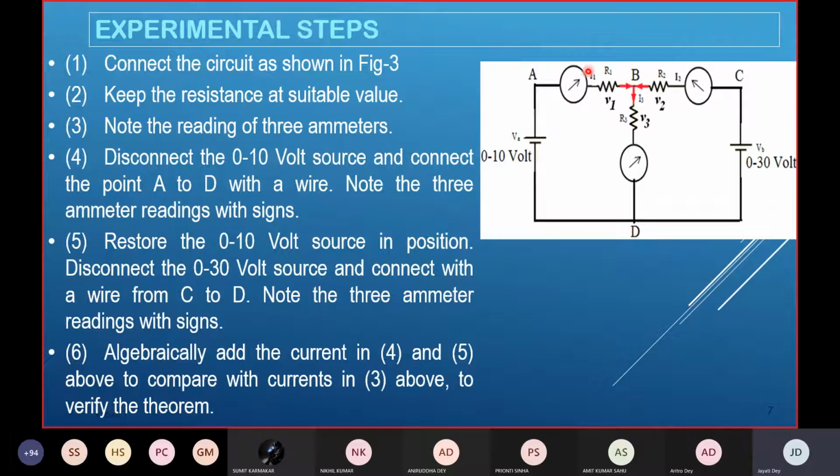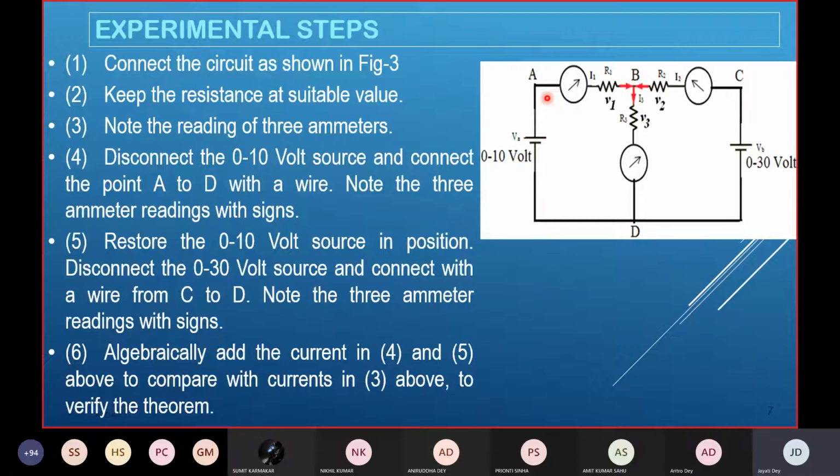Next, three ammeters are required to measure the current flowing through AB, BC and BD, right?